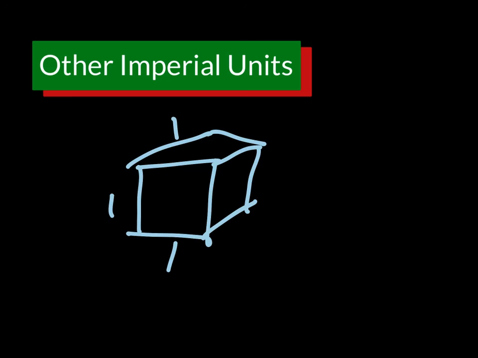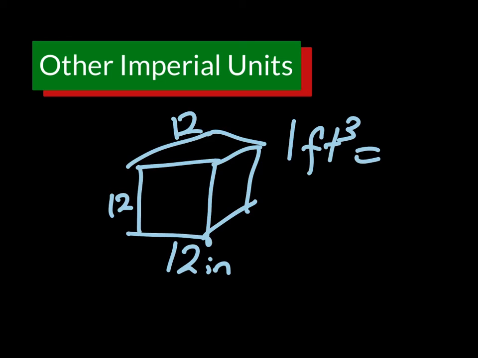But we know that a foot is 12 inches. So that means 12 inches by 12 inches by 12 inches. 1 cubic foot is equal to 1,728 cubic inches.